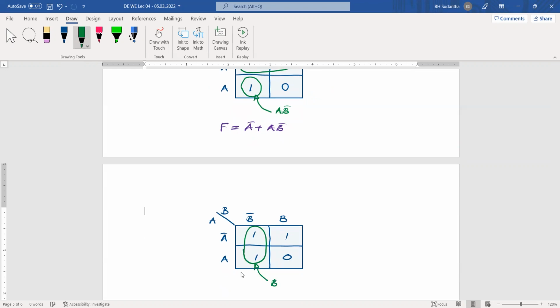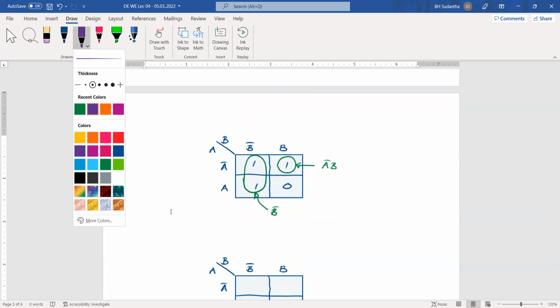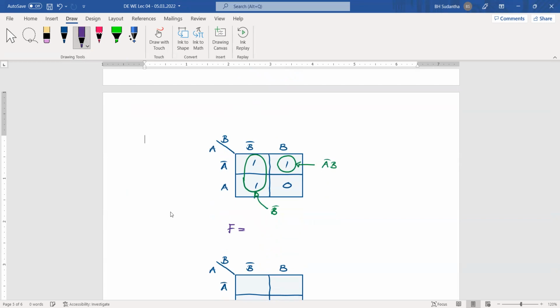Yes, this is B bar. Why? We have occupied the entire B bar column. Then this group is B bar. Then this is alone, we can take it alone. Then what is the name for this one? This is A bar B. Then the equation for our new map is something like this: F equals B bar plus A bar B.